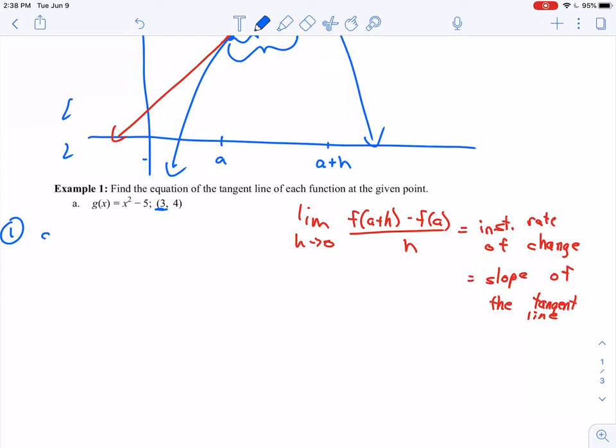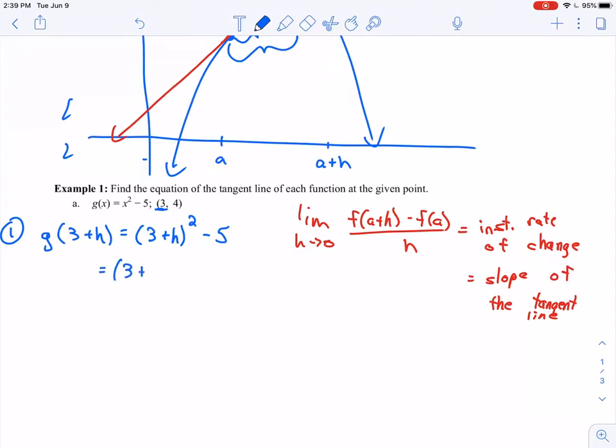So I'm going to look at g of 3 plus h, and I'm going to just figure out what this is. So I'm going to take 3 plus h, I'm going to plug that in for x. So I have 3 plus h, quantity squared, minus 5. And here I'll have to square this, I'll have to FOIL this out.